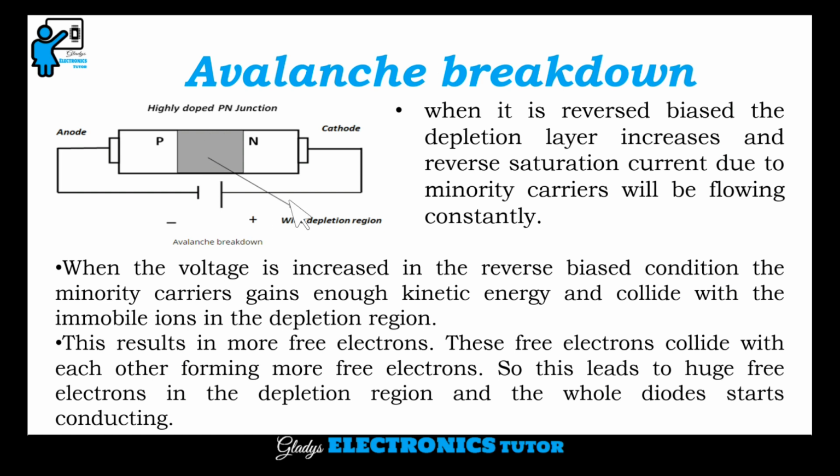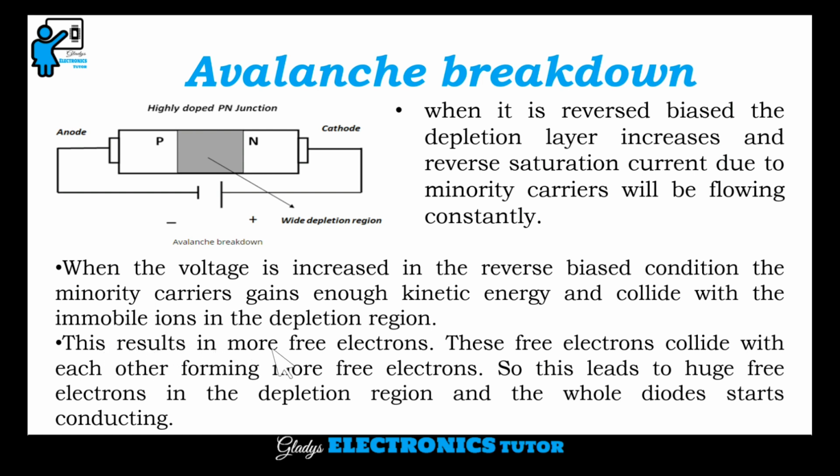Next, we'll see about avalanche breakdown. When it is reverse biased, the depletion layer increases and reverse saturation current due to the minority carriers will be flowing constantly. When the voltage is increased in the reverse bias condition, the minority carriers gain enough kinetic energy and collide with the immobile ions in the depletion region.